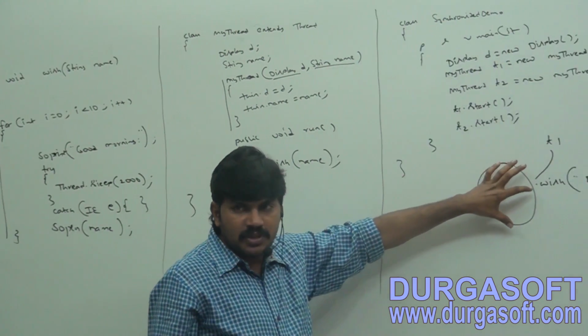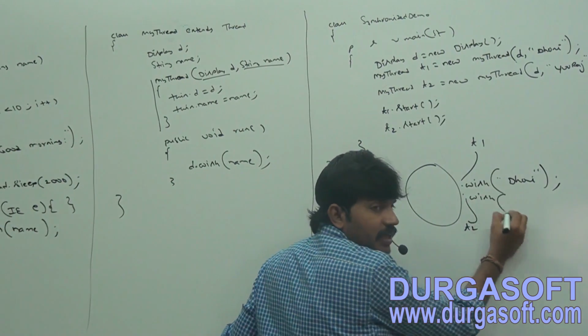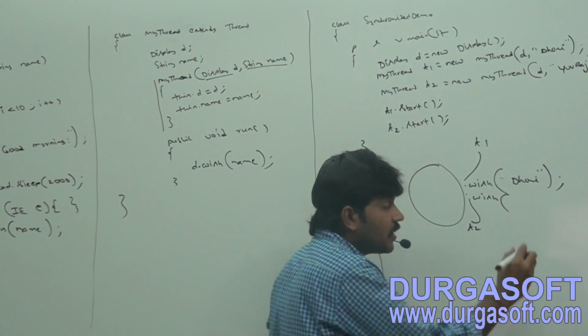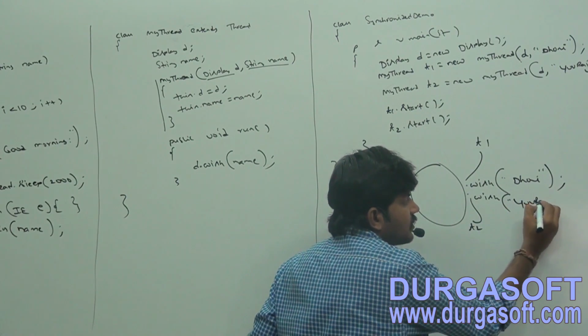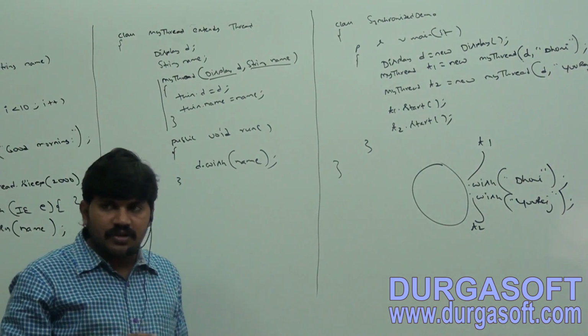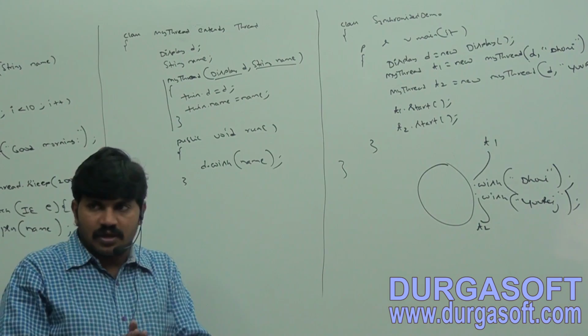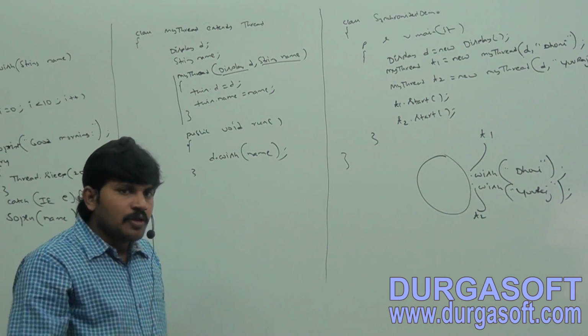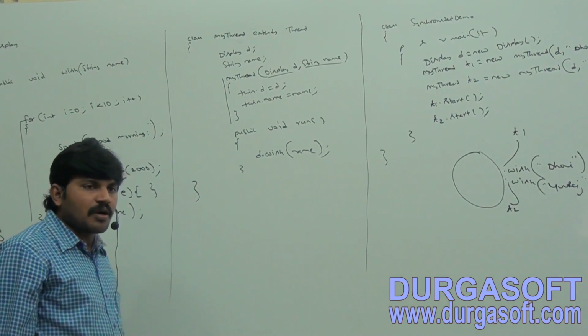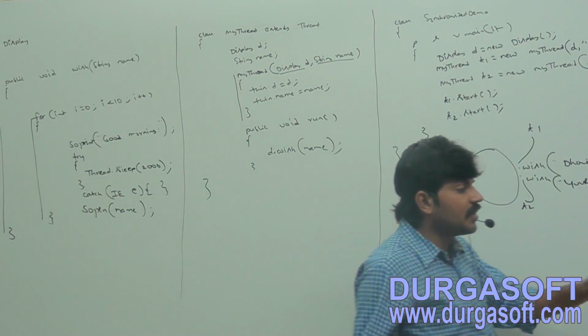Meanwhile, on the same display object, the second thread is going to call the wish method by passing Yuvraj as the argument. Both threads are going to execute simultaneously, so the output we get by default is a mixed output. Let me execute this code.